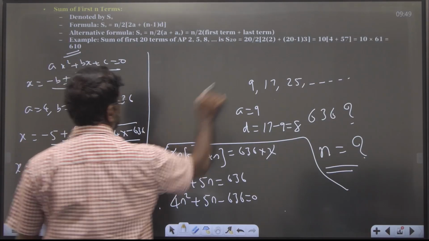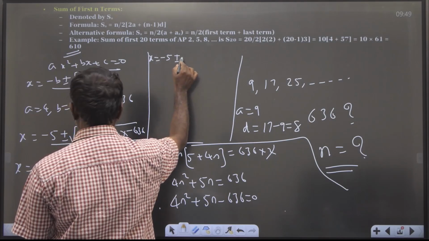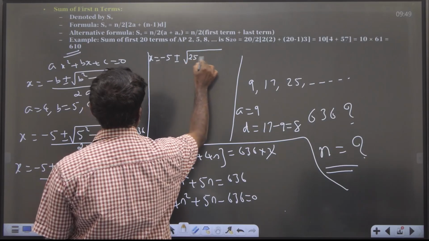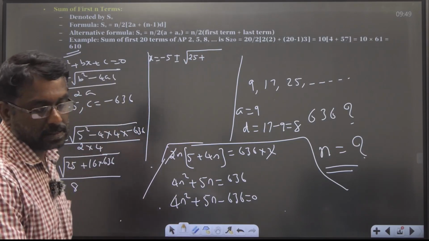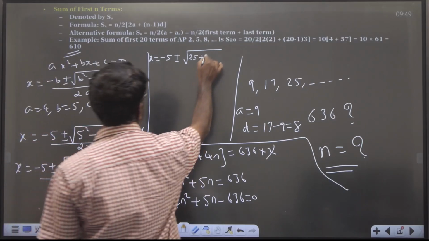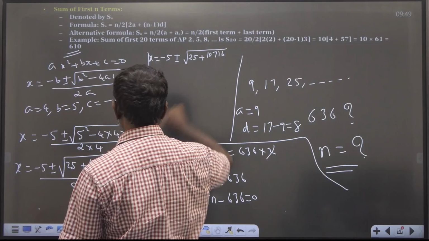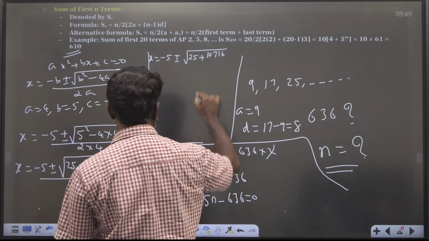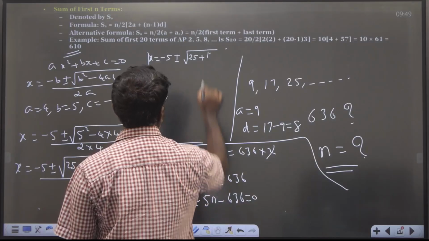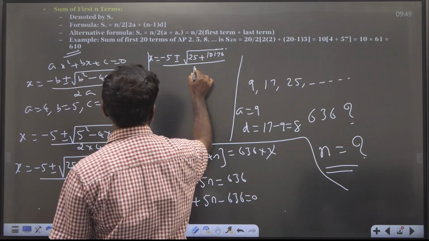I am writing here: x is equal to minus 5 plus or minus root of 25 plus 16 into 636, that is 10176, divided by 8.